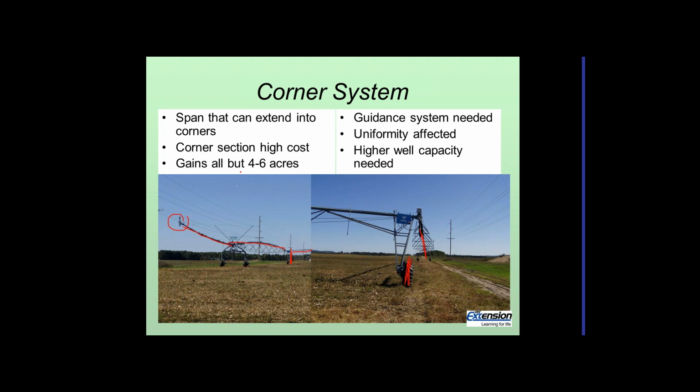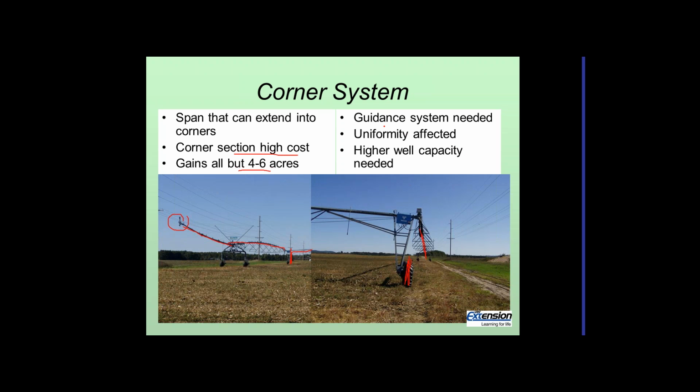So the advantage of this is that we can cover all but about 4 to 6 acres, so we get more land coverage on that. Although this section is higher cost. To put one of these in, this one little section is about $40,000, and we'll cover more costs a little later.